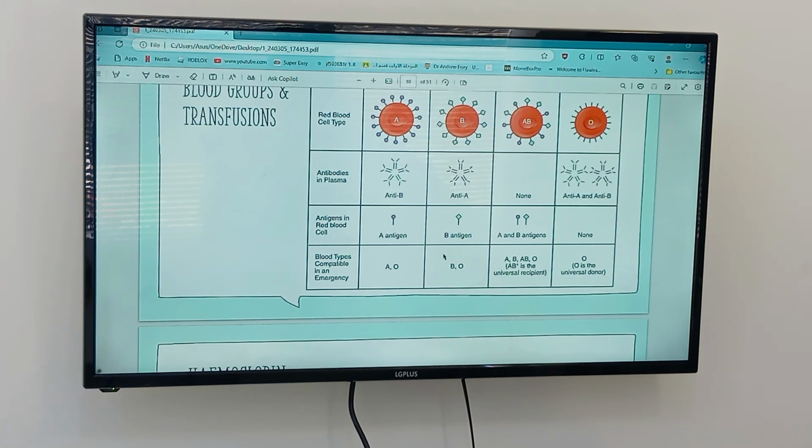With B, we can give them B and O. O, very lucky. AB blood group can accept all of them. Universal recipient. While O, poor, is the universal donor, just O. That's a problem.